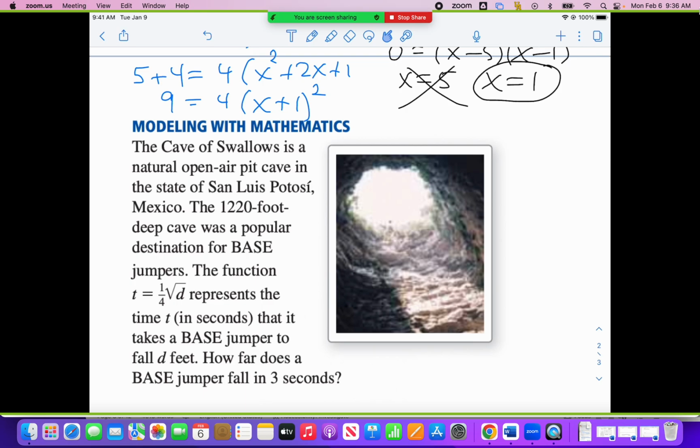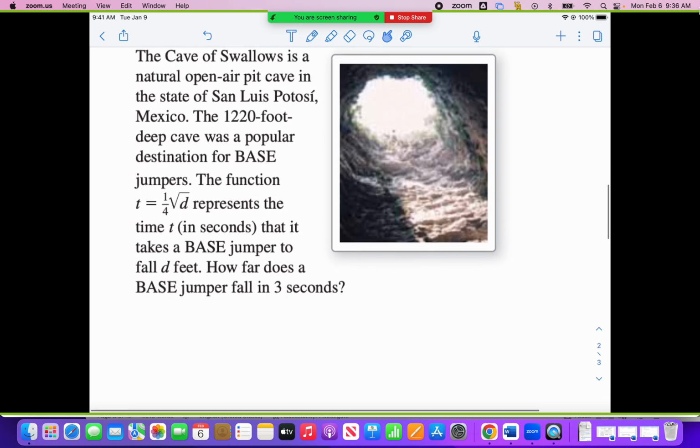The function t equals 1/4 square root d represents the time t in seconds that it takes a base jumper to fall d feet. How far does a base jumper fall in 3 seconds? All right, so go ahead and try to solve this equation.